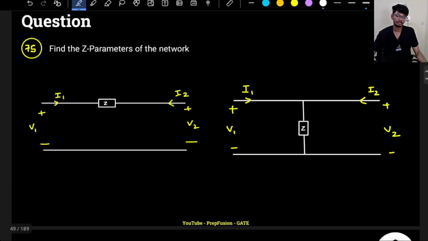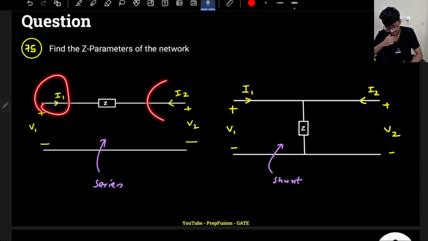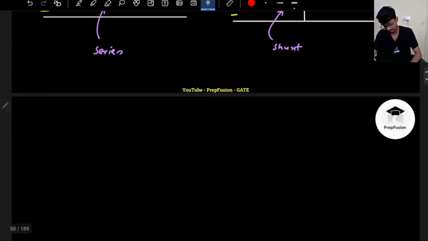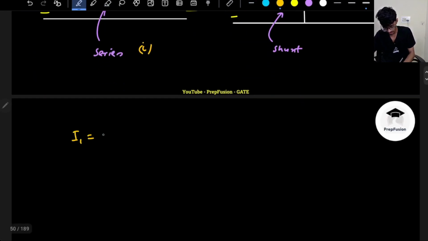Okay, so now let's find out the Z parameters for a single element. This is a single series element, series component, and this is a shunt element. Will the Z parameters exist? We'll see. In the first case, my I1 is directly equal to minus I2, since here I1 is coming in and here I2 is coming. So in case one, the Z parameters do not exist.